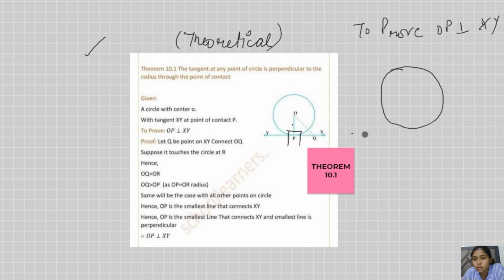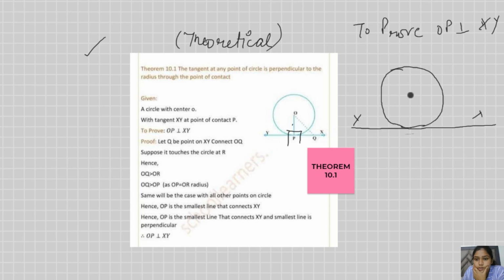The tangent must intersect the circle at only one point, so just touch it like this. You can draw the tangent.